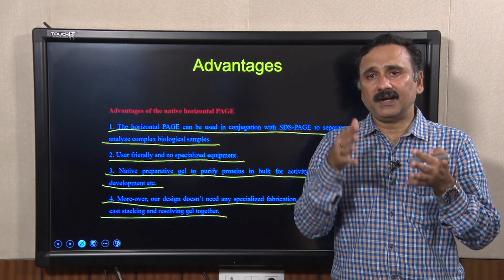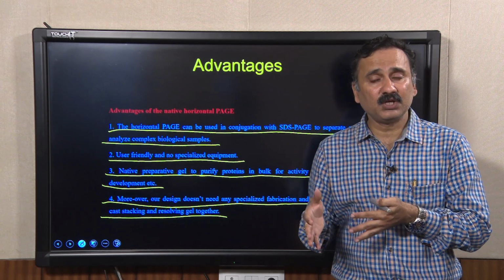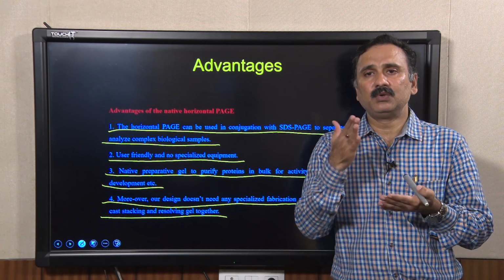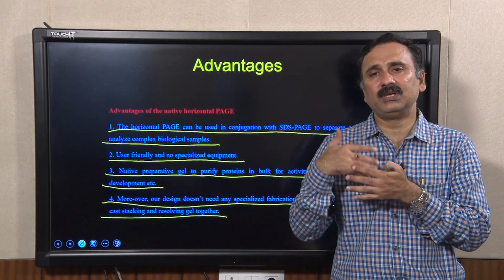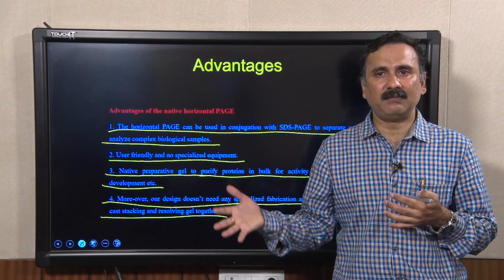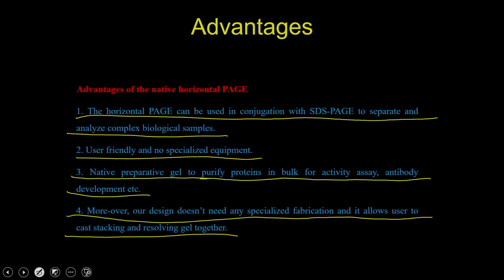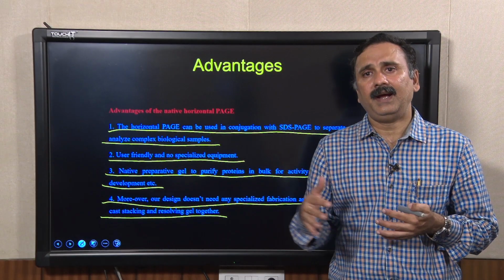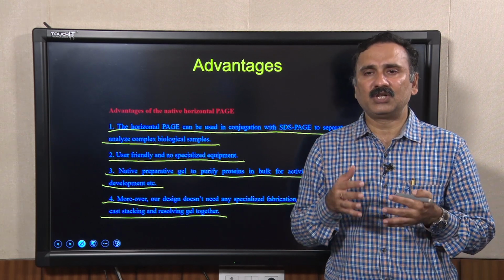Number 2, because it resolves the sample based on the charge-to-mass ratio, you can utilize this gel in conjugation with SDS-PAGE, and that will allow you to resolve very complex biological samples. And another advantage is that it is user friendly compared to the other tedious horizontal PAGE apparatuses available. So, with this we would like to conclude our lecture here.